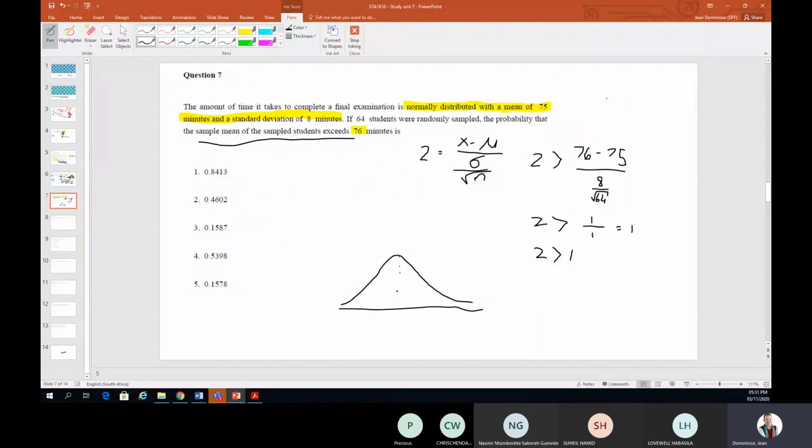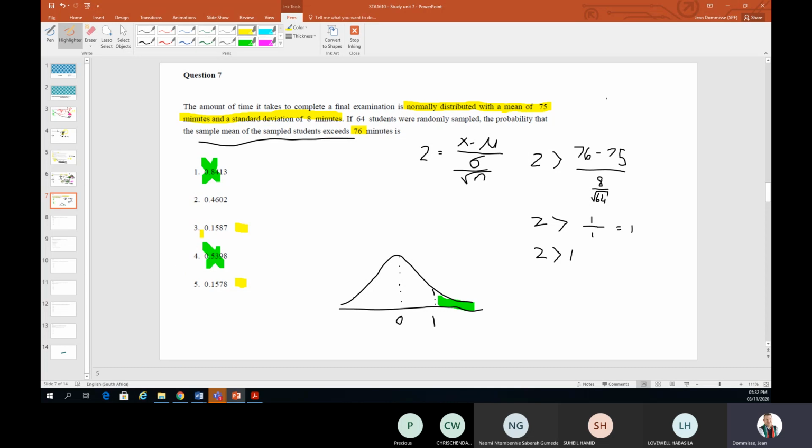Just again, that is 0, and somewhere there is 1. We're looking for that area. So basically it can't be that, because it needs to be smaller than 0.5, and then automatically I pick up this one, where it's 0.1587, 0.1578.